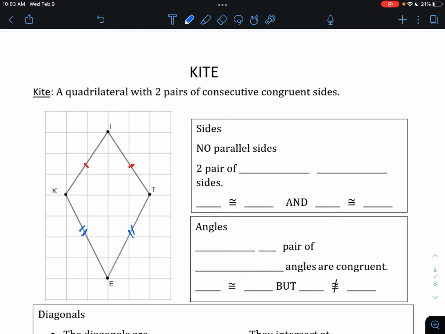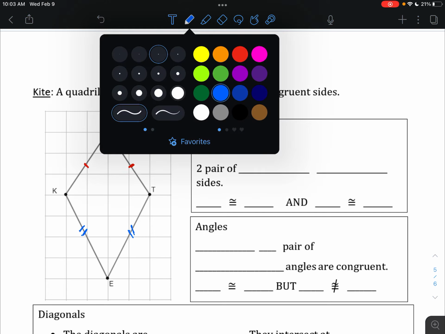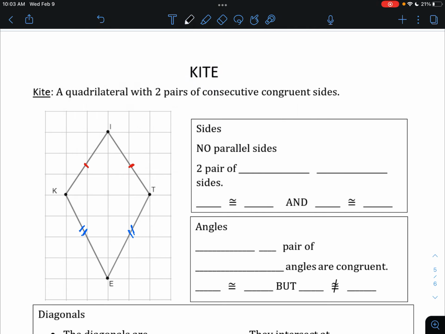The way that we describe those sides is by saying that they are sets of consecutive congruent sides. Consecutive because they are next to each other, and congruent because they're the same length. So we have 2 pairs of consecutive congruent sides.